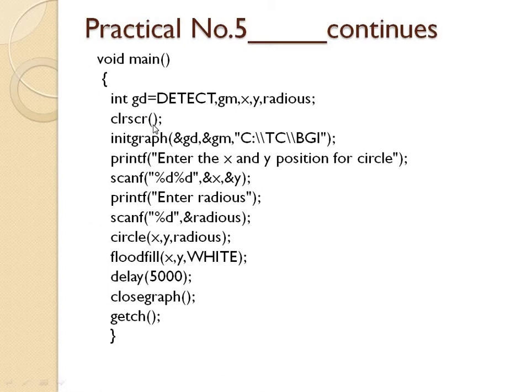By using clearscreen we clear our output screen of the previous output. Then the initgraph function is used with gd and gm, that is the graphics driver and graphics mode.